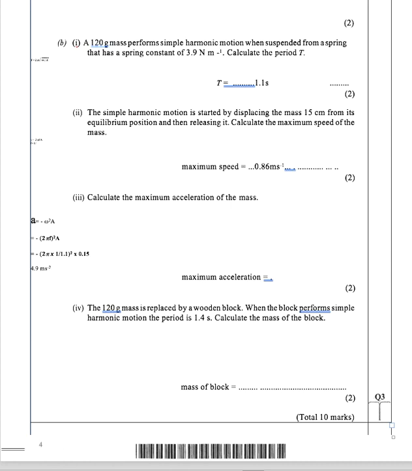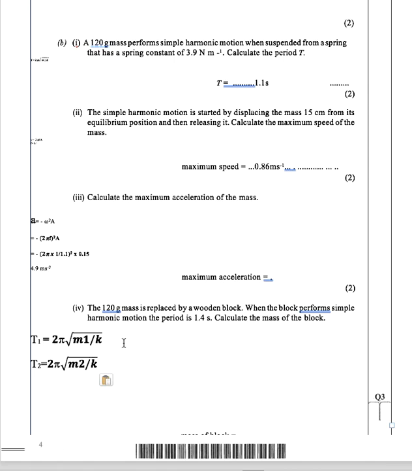So the way that I'm thinking is I have an expression for each of the periods. T1 is 2 pi root m1 over k. I'm sorry I can't make this a subscript underneath the square root sign. And T2 is 2 pi root m2 over k.